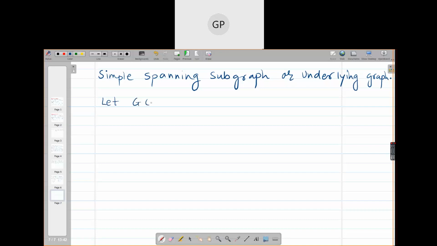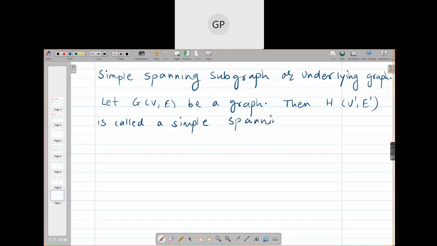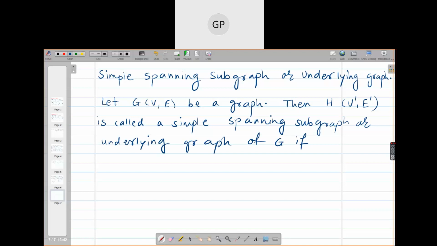Let G = (V, E) be a graph, then H = (V', E') is called a simple spanning subgraph or underlying graph of G if first condition is V = V'. So it has to be a spanning subgraph first of all.